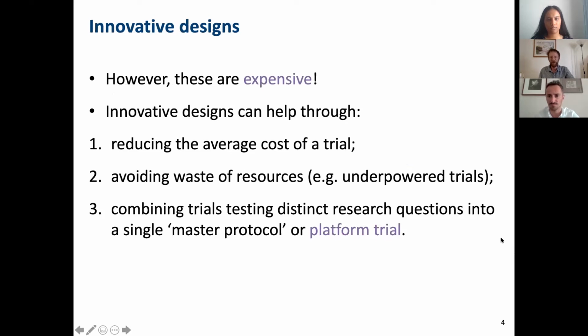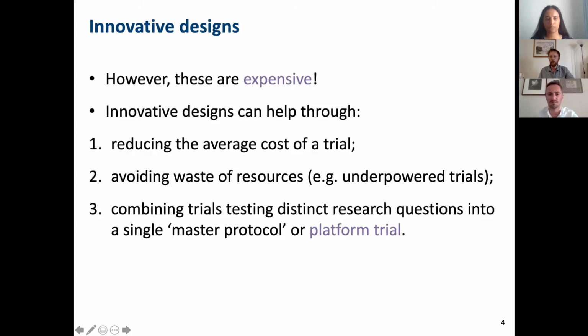The main problem with this is that they're really expensive to do, and doing a trial can cost several £1,000,000. So innovative designs are really of interest, and there's been a lot of work on statistical methods for improving the efficiency of trials, mostly focused on drug trials, but a lot of what we do is applicable in other settings and maybe education research.